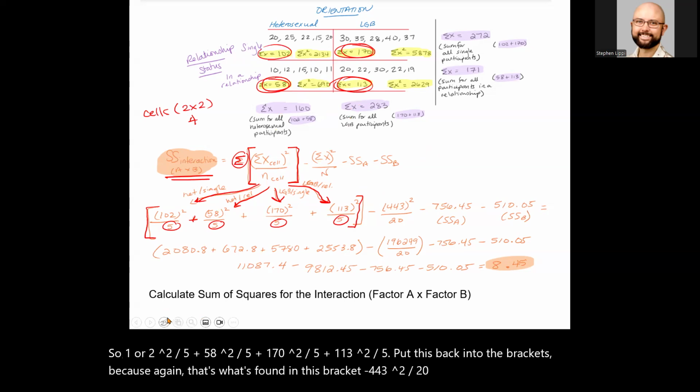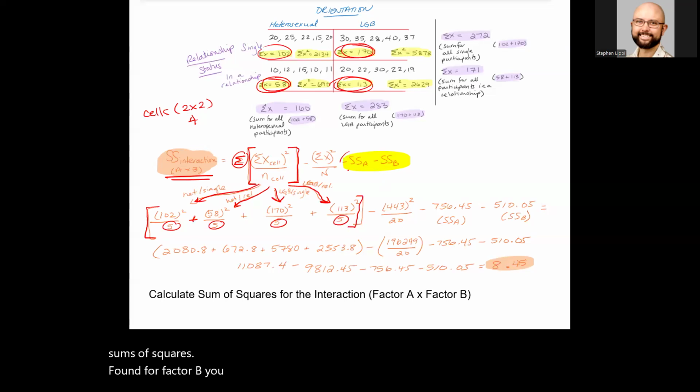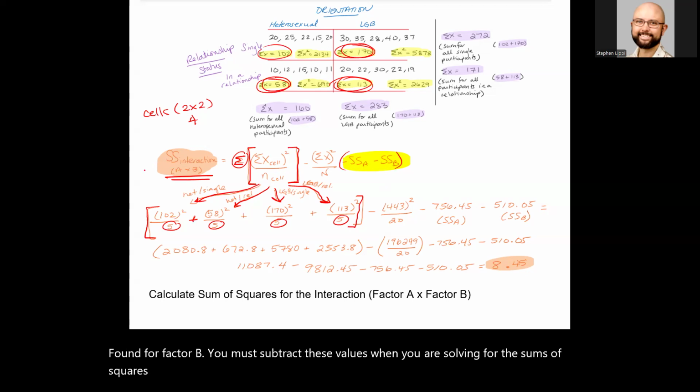In the interaction sums of squares, you must also subtract the sum of squares that you have found for factor A and the sums of squares you have found for factor B. You must subtract these values when you are solving for the sums of squares for the interaction. If you do not, you will get an incorrect answer.